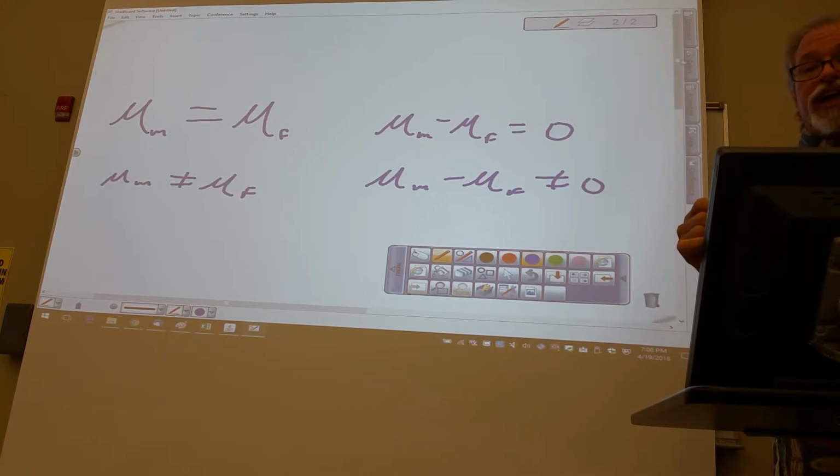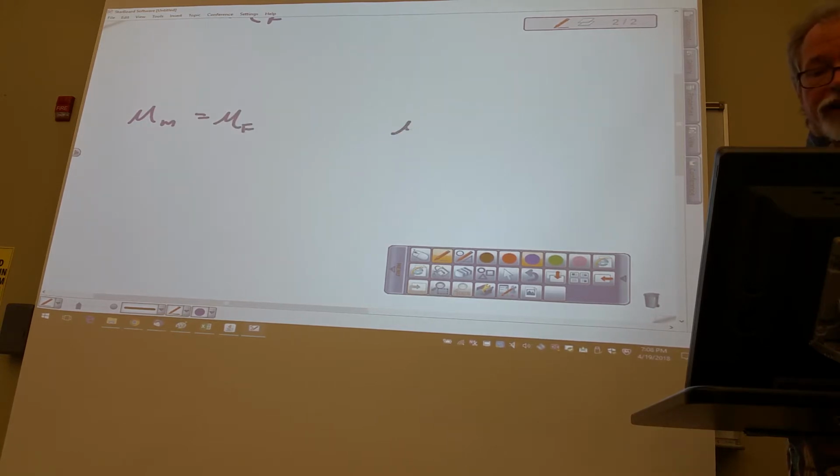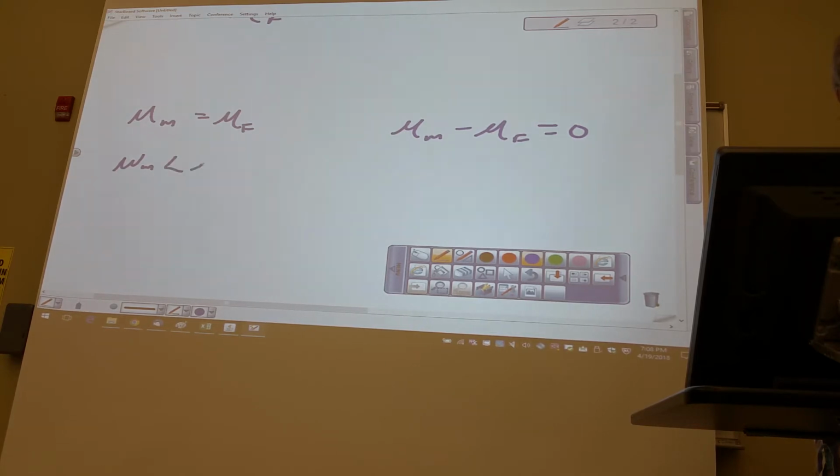If it's a one-tailed test, it makes a little bit of difference, because if it's a one-tailed test and I write this, that's good, but my null hypothesis would still be the same. But if I wanted to say the mean of the males is less than the mean of the females, then how would I write it over here?